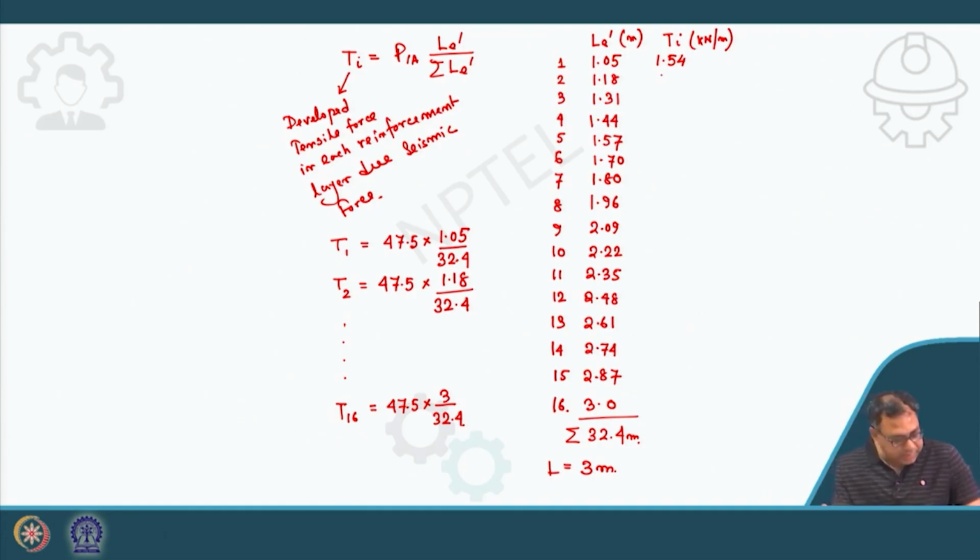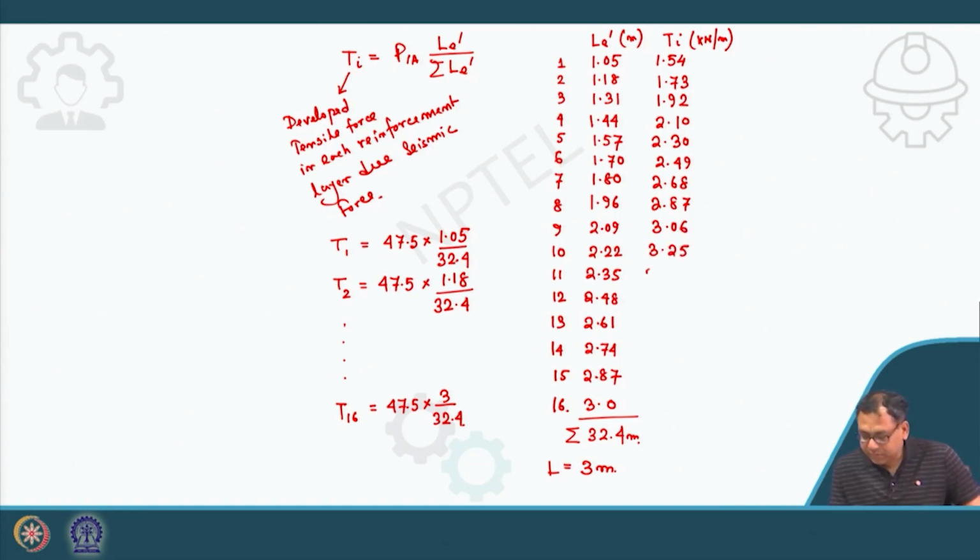So the last layer will be the maximum. Then it is 1.73, then 1.92, then 2.1, then 2.30, then 2.49, then 2.68, 2.87, 3.06, 3.25, 3.45, 3.64, 3.83, 4.02, 4.21, 4.44.